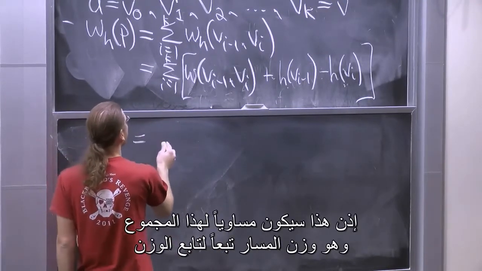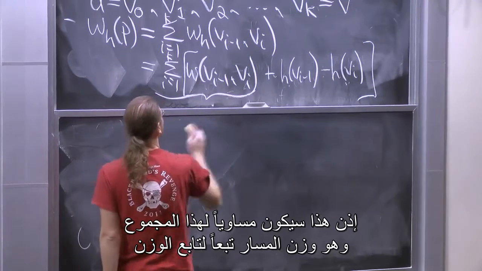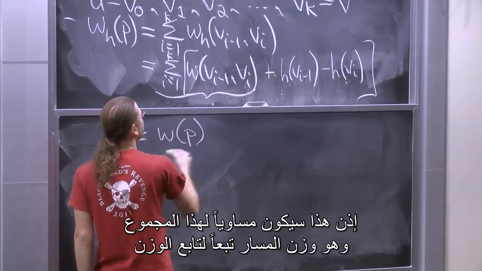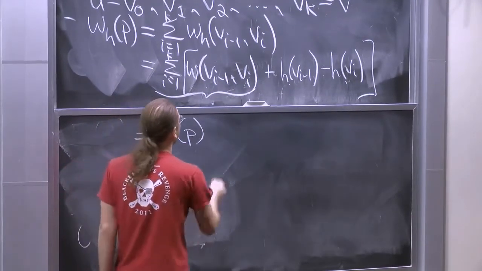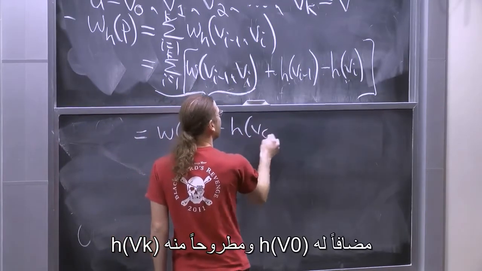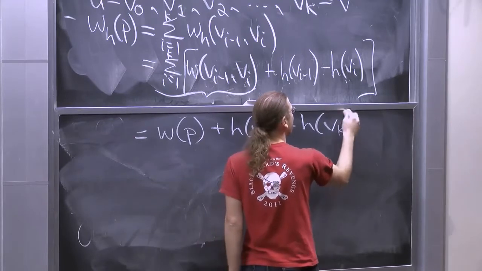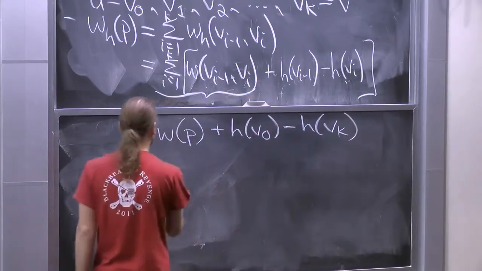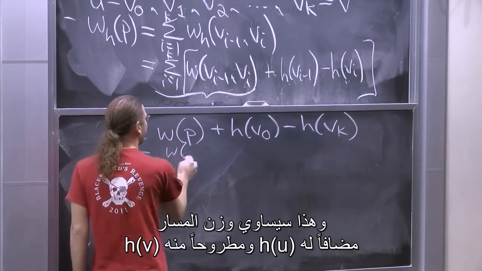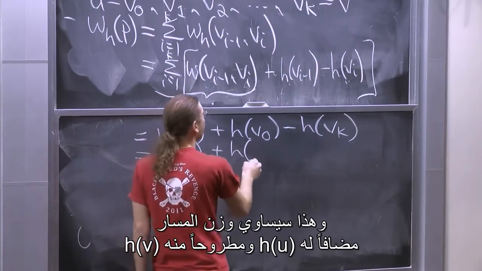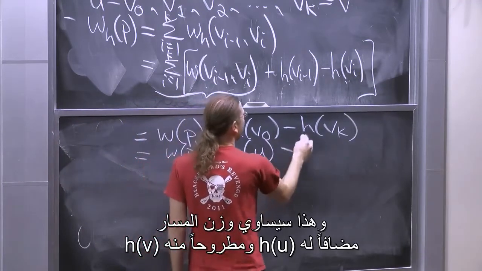So this is going to be this sum, which is just the weight of the path according to the regular weight function, plus h of v0 minus h of vk. And that is just the weight of the path plus h of u minus h of v.